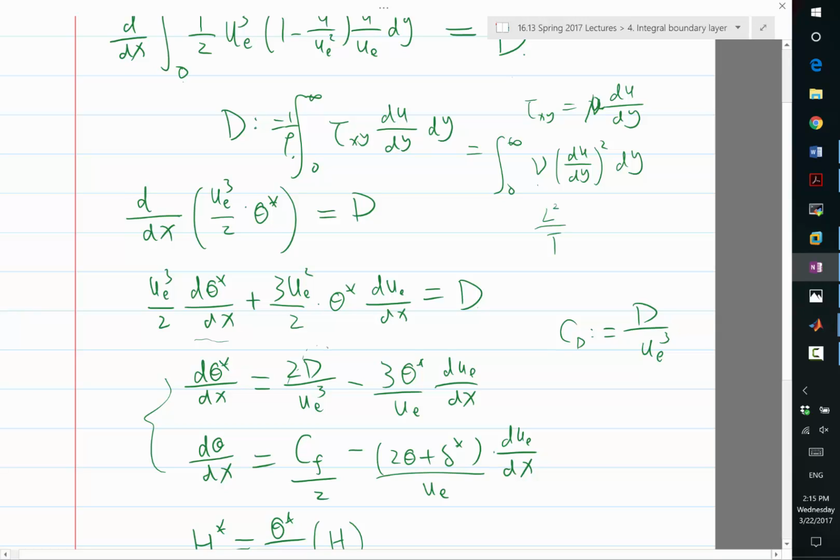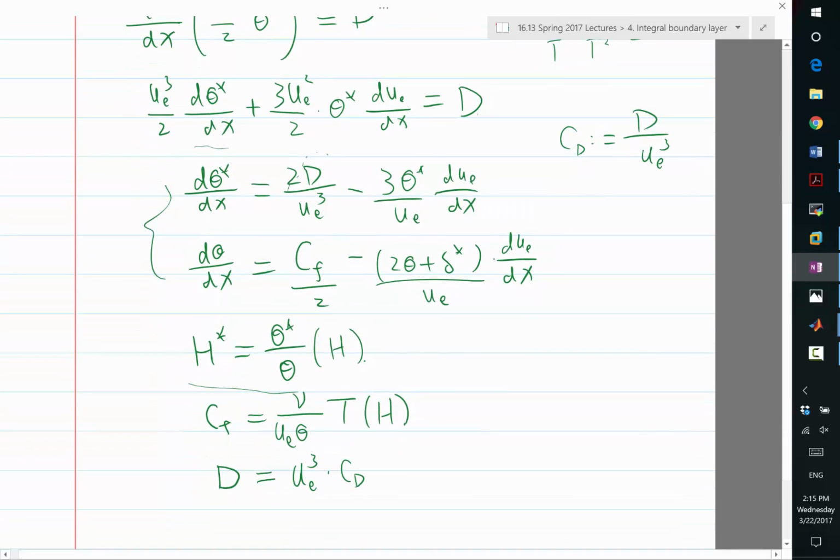And du dy is scaled as 1 over T, so it's 1 over T squared. And then this whole thing is integrated over y, so this is times L. The dimension is velocity to the cube power. So the dimension is correct.